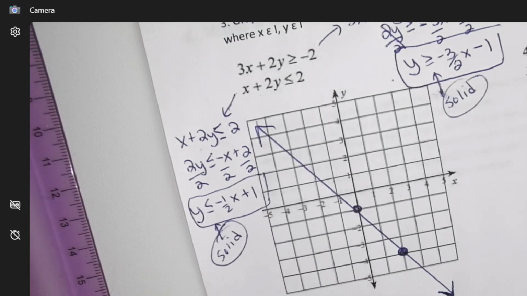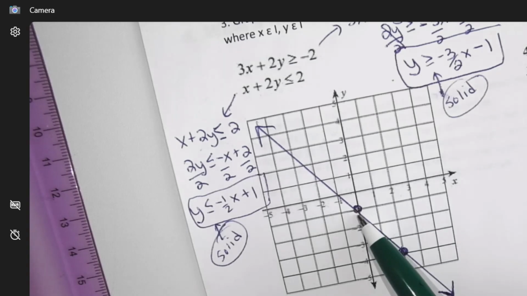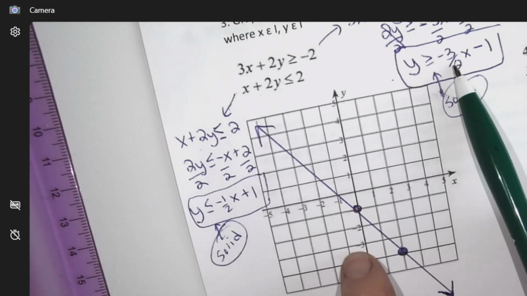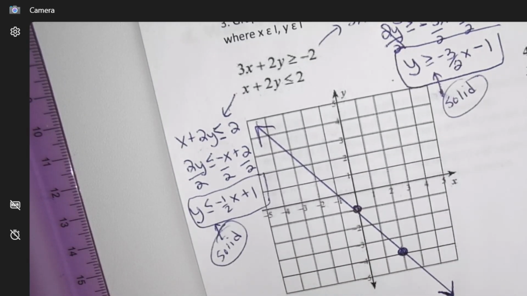Do you know which one of the equations this one belongs to? It's this one because of the -1, right, is the y-intercept. And if you remember from grade 10, you're going to go down 3, right 2. I don't know if you remember all those things. That's connecting, right?